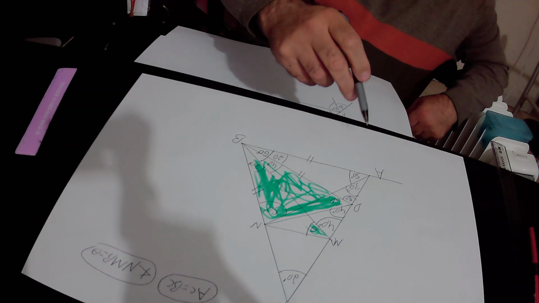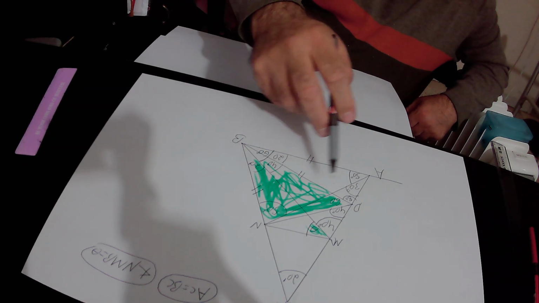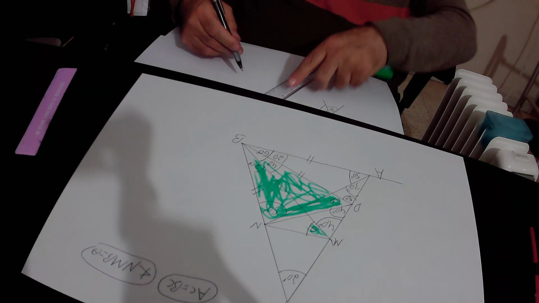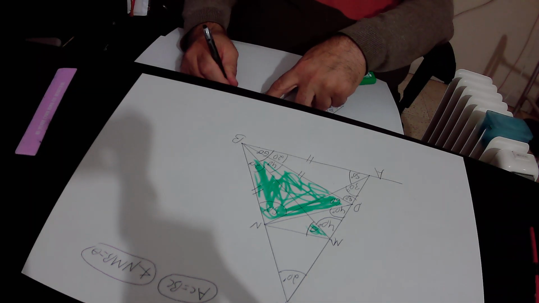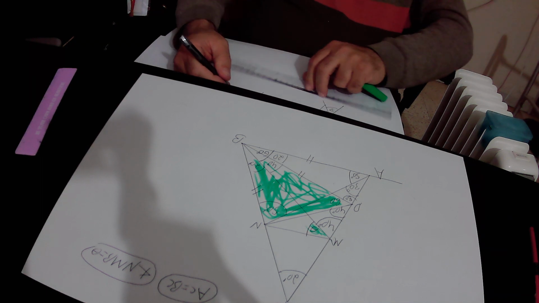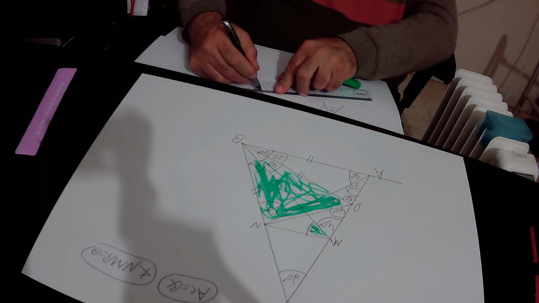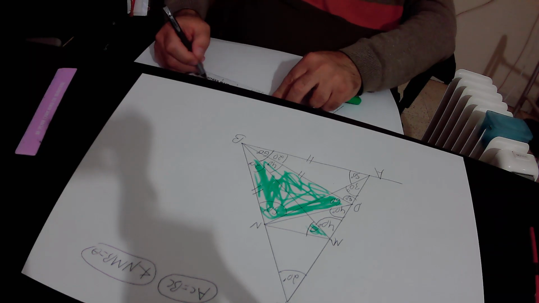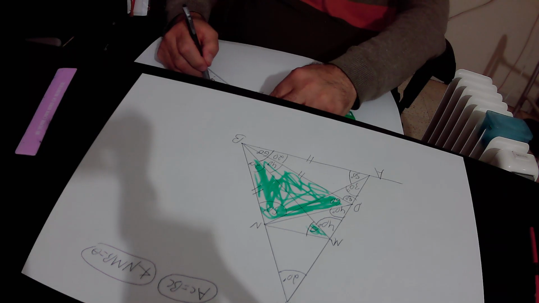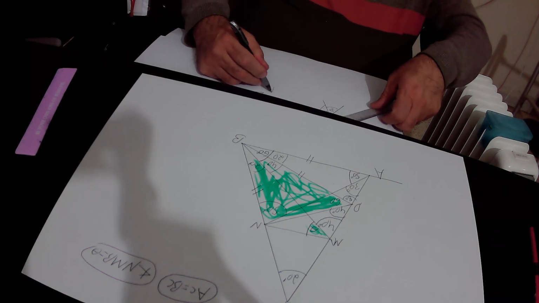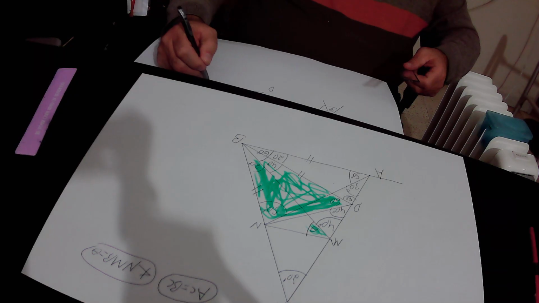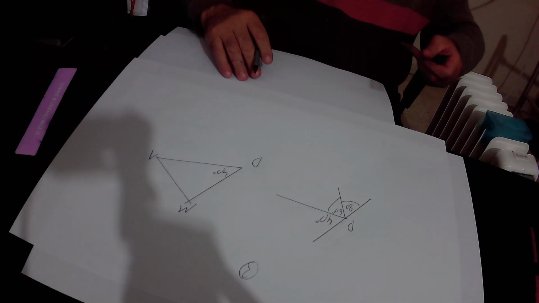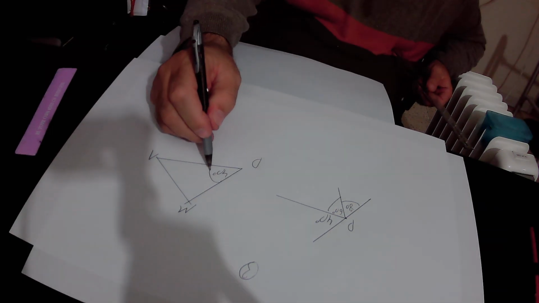Now I'll copy triangle DMN in a new page. This is triangle DMN that I copied from the original drawing.